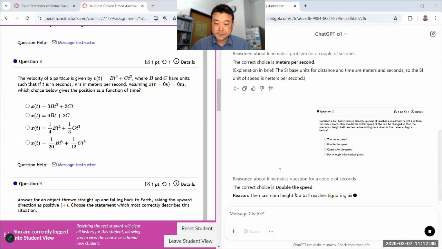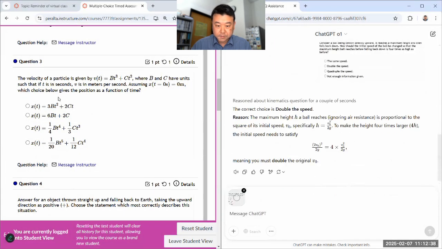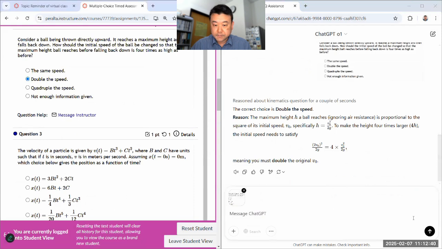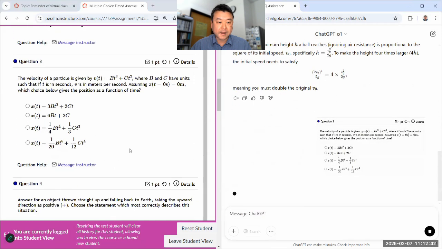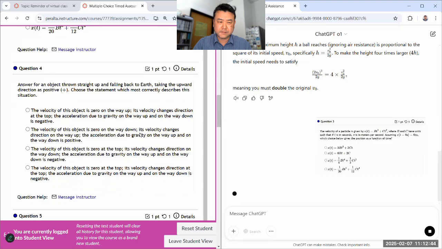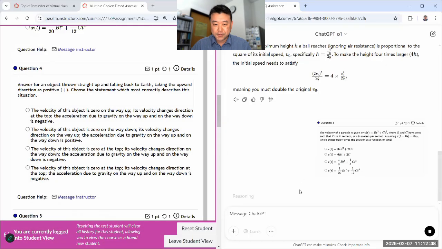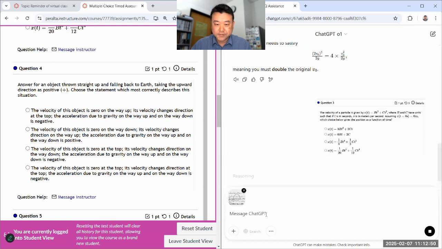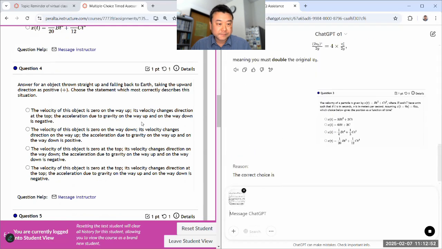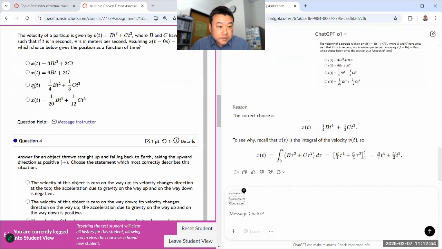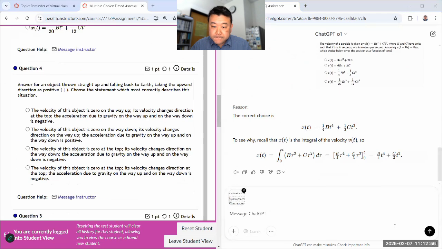So, double the speed, okay. And I'm staggering this copying and pasting. If that's disorienting to you, sorry, but that's the only way I can go as quickly as I need to. So, the correct choice is that.